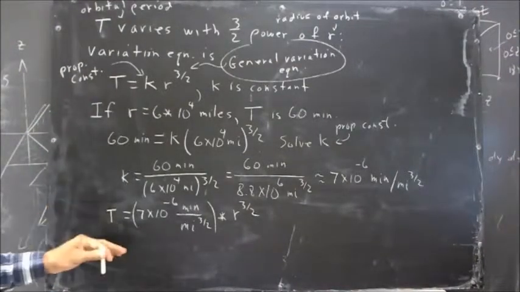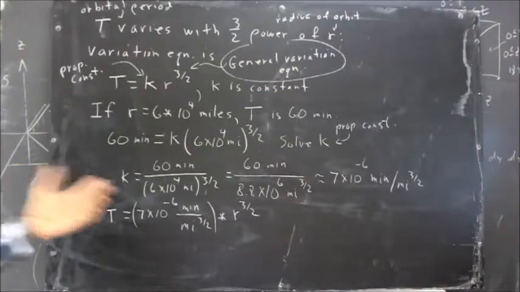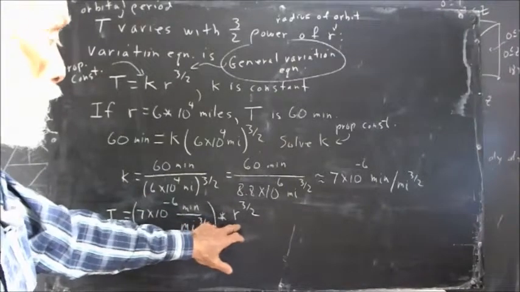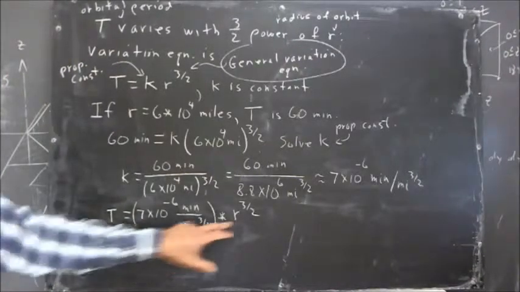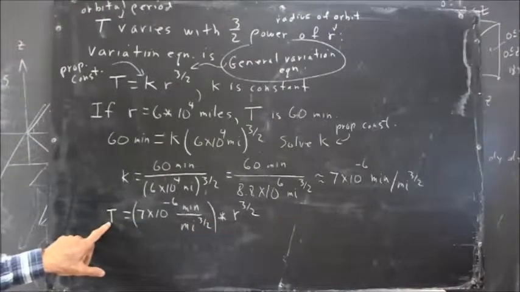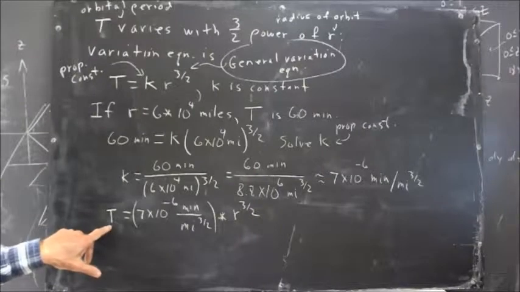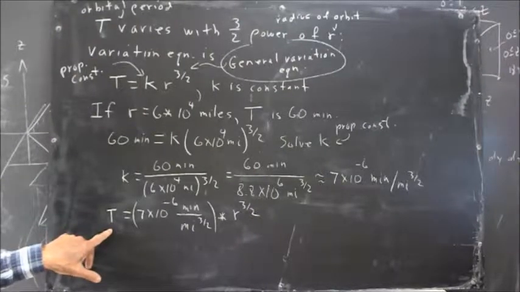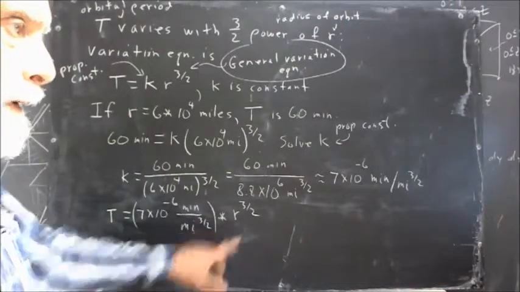Now, we can use this equation if we happen to know a value of r. We can use this equation to solve for T. Because if we know the value of r, we substitute that, and the only thing that's unknown is T. Similarly, if we know what period we want, what T we want, we plug that in and solve for the value of r.